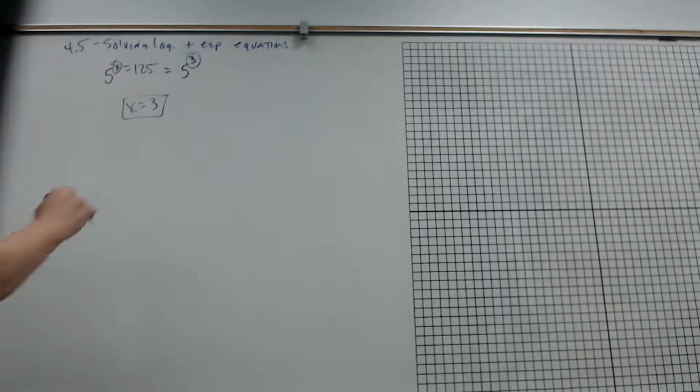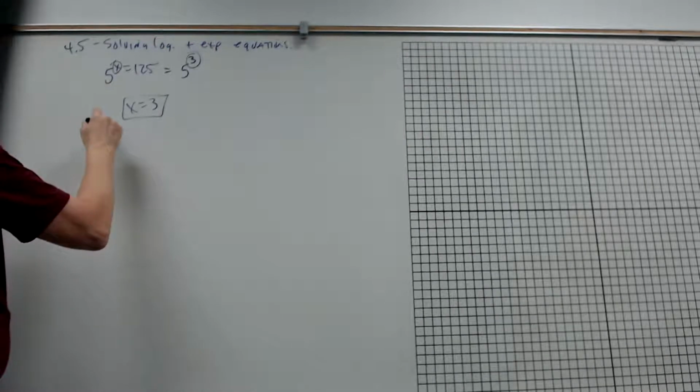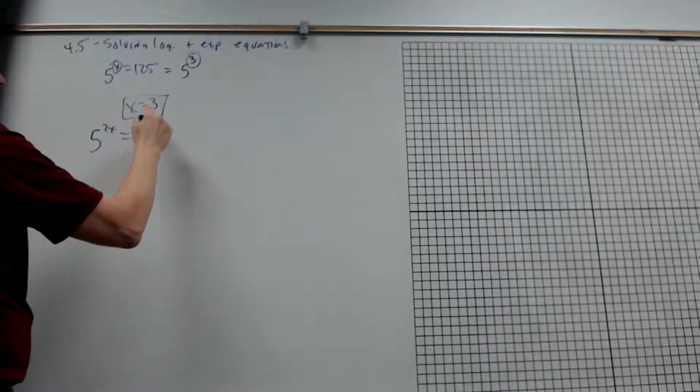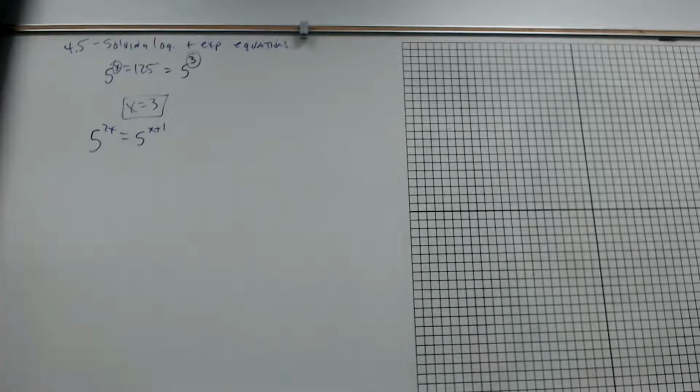What if I had 5 to the 2x equals 5 to the x plus 1? We got the same base, right? So if the bases are the same, what has to be equal? The exponents. So we just have to set those equal to each other.